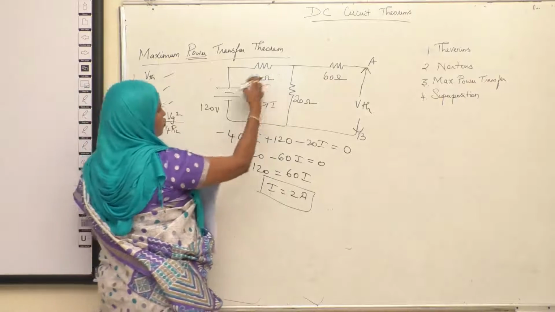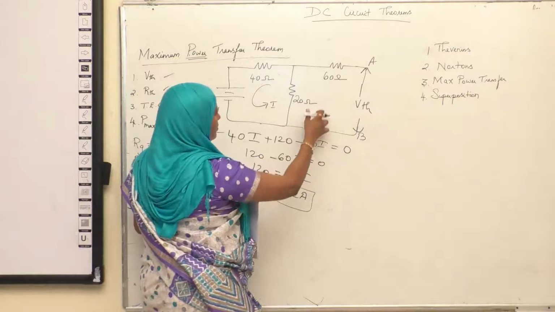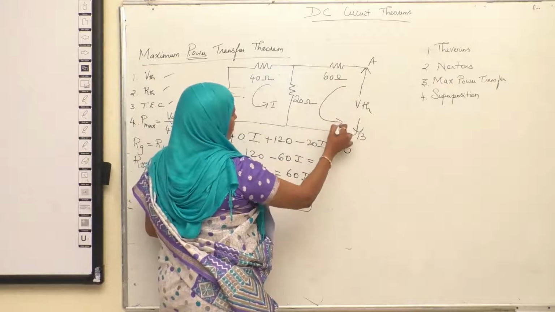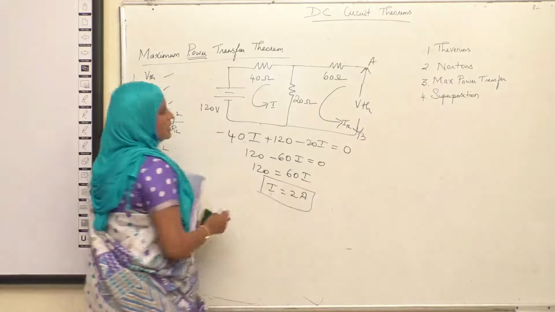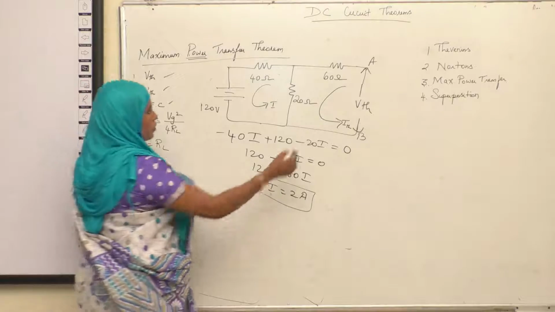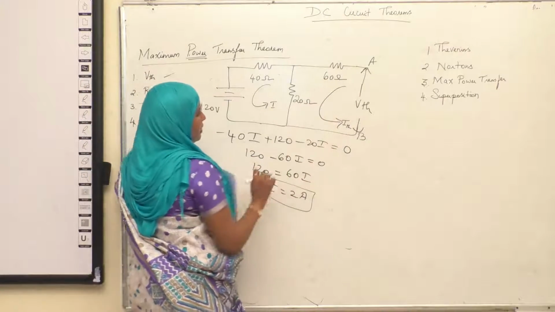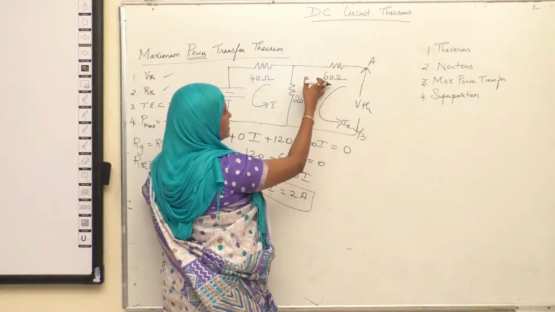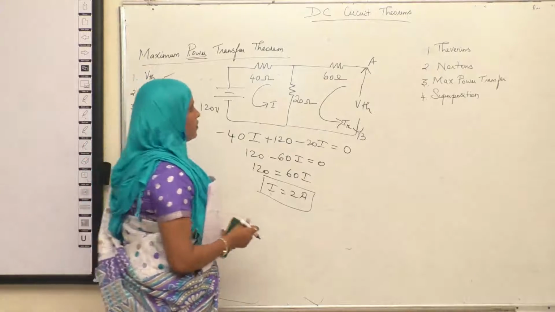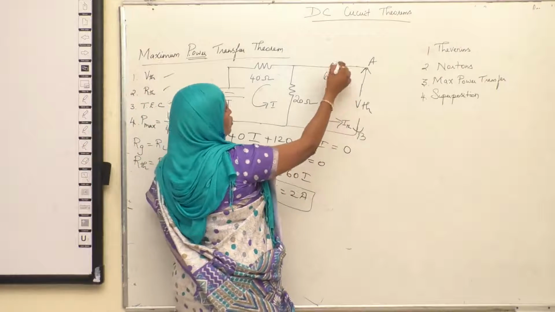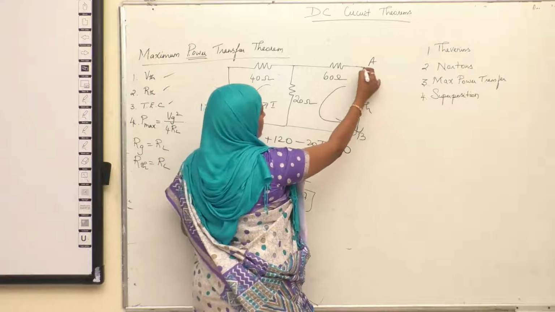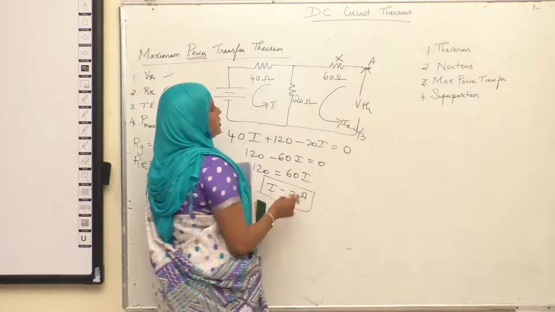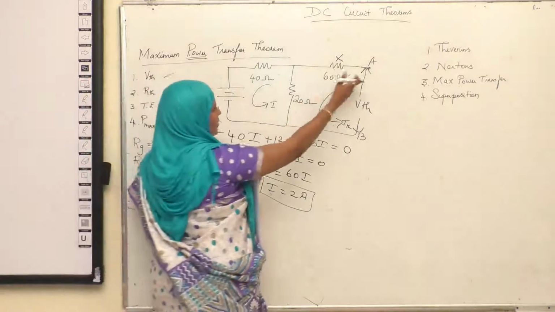So this is the current that flows through this closed circuit. Now you need to find the current that flows through this. I am assuming it is flowing from A to B, and that current I am naming as Thevenin's current. Here also you apply KVL. Since this is an open path, you have a resistance here, and you all know that current will not flow in an open circuit. So this resistance is connected with the open circuit. When you are writing KVL, just ignore this resistance because it is connected with the open side.